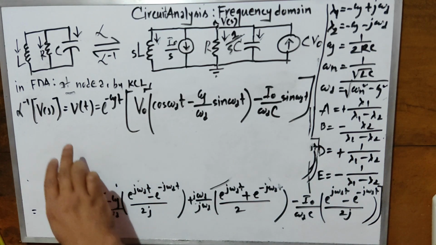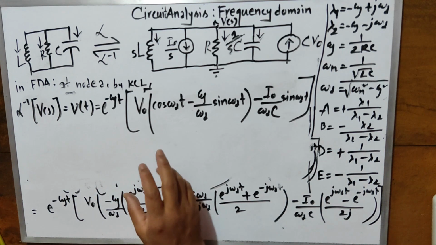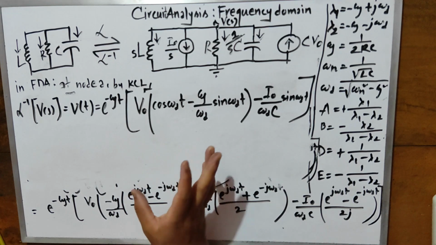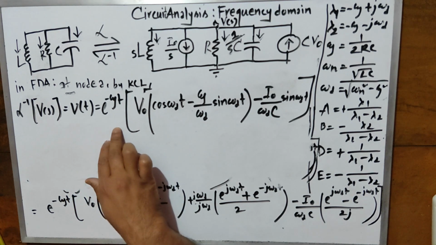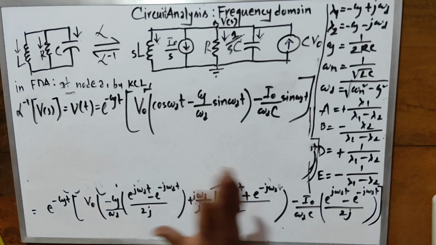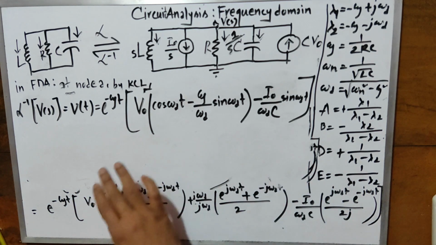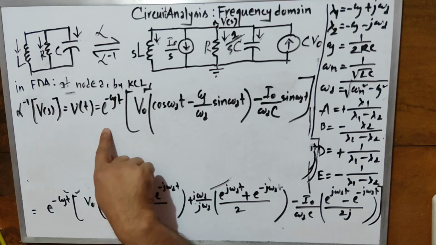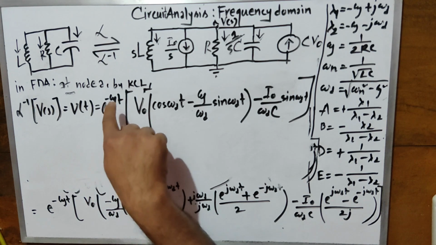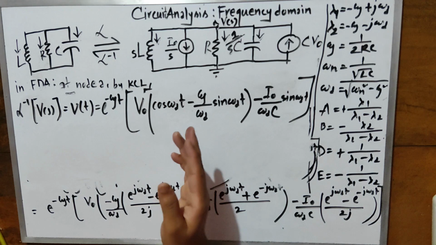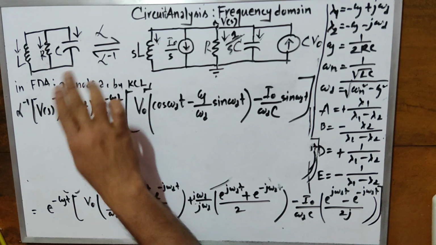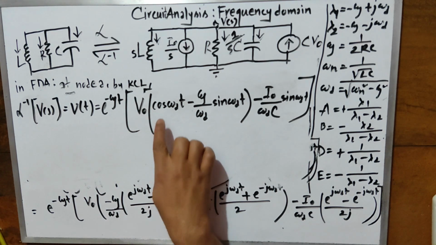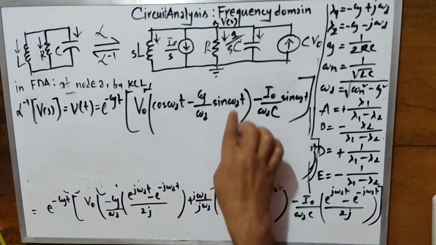So the circuit response, which is the voltage of the source free parallel connected RLC circuit, is as follows. This is source free, there's no input, so there's no steady state response, only the transient response, which is e to the power minus psi t, or zeta t, the damping coefficient or damping factor, times V0, the initial voltage across the capacitor, times cos omega d t minus psi by omega d sine omega d t.